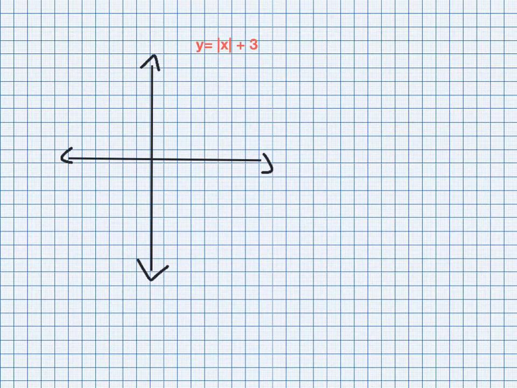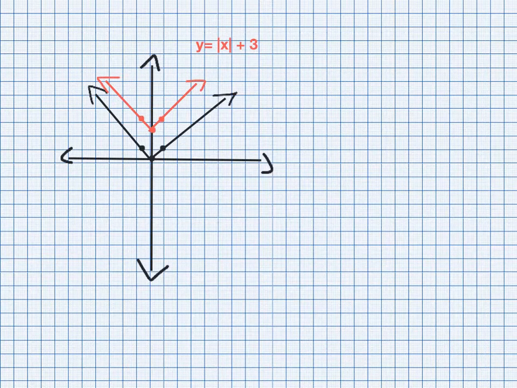I have my coordinate plane here, and I have the equation y equals the absolute value of x plus 3, and I'm going to show you how you would graph this. First I'm going to graph the parent function in black, and then I will graph y equals the absolute value of x plus 3 in red so you can see how it vertically shifts.